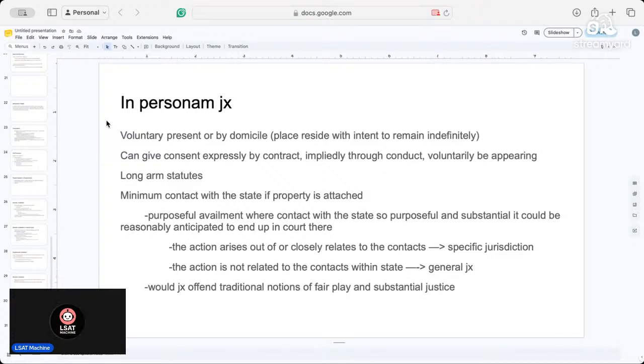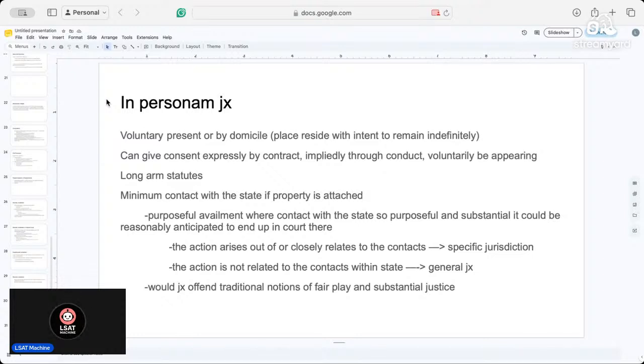If the lawsuit relates to the contacts that you have in the state, then the court has specific jurisdiction over you. If the action is not related to the contacts you have in the state, but you have continuous contacts or are domiciled in that state, then the court will have general jurisdiction.